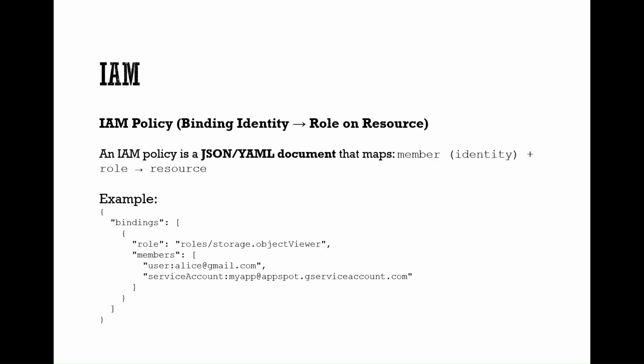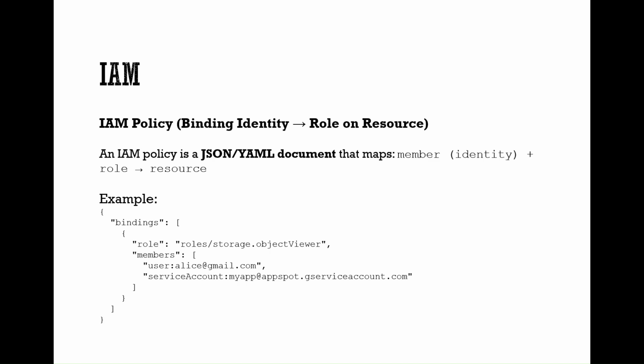It could be a service account, a user, or a group. When any role is assigned to it, both things together are known as an IAM policy. Generally, IAM policies are defined in JSON and YAML format. So this is a common example where these are the roles and these are the members for which the bindings are done. This is how the binding is done.